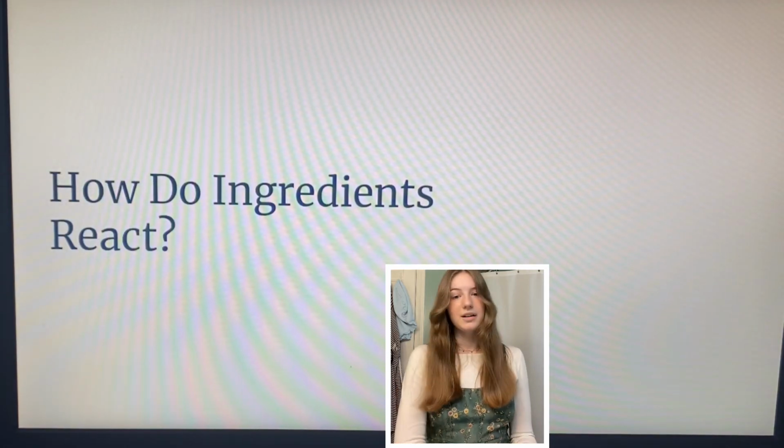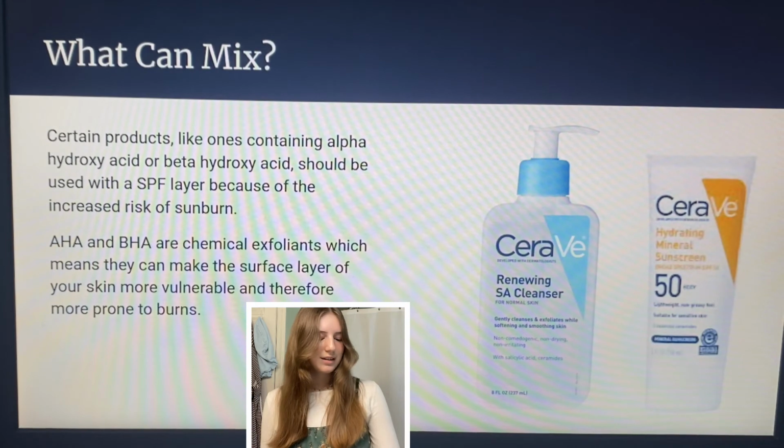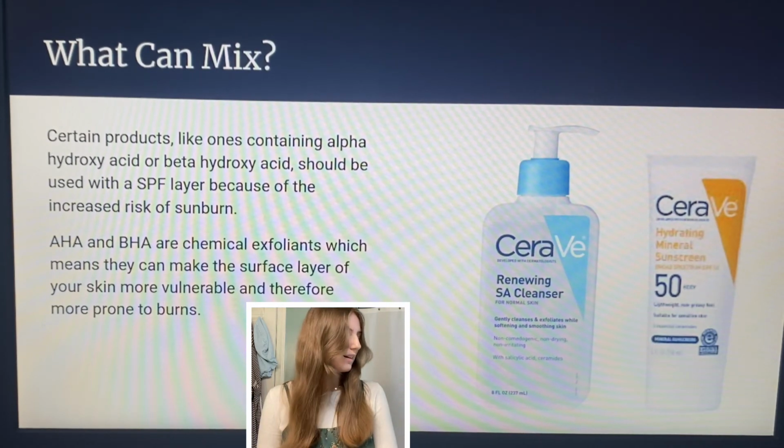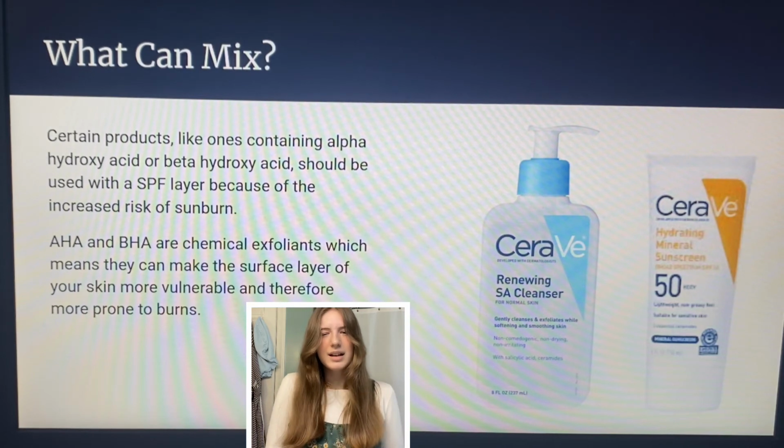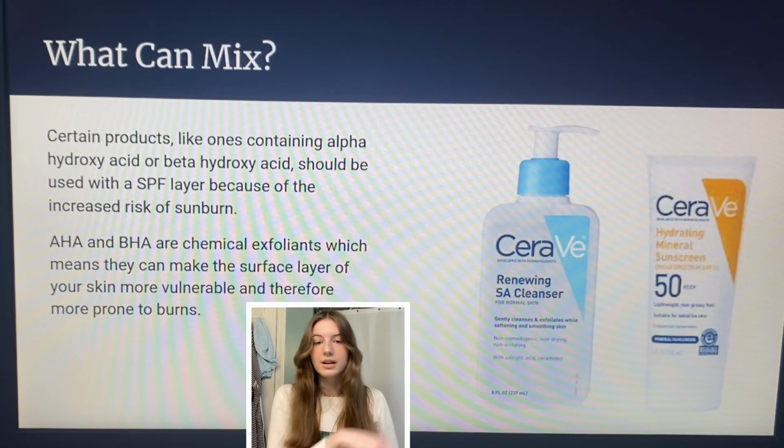So here, how do ingredients react with each other, what you should mix. So here's again what you should be mixing together. If you're using anything that has alpha hydroxy acid or even beta hydroxy acid, sometimes those could potentially lead you to be more likely to have a sunburn.